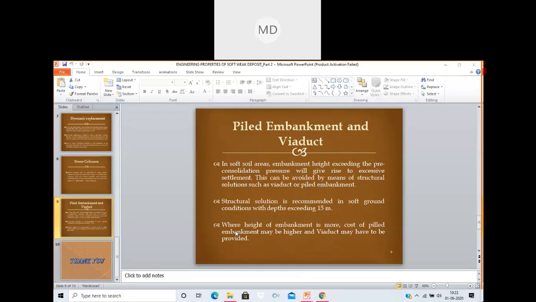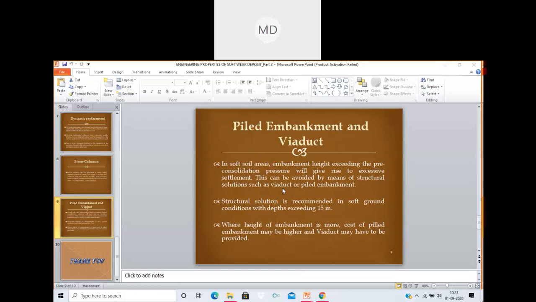Yes, ma'am. Okay, so we were discussing piled embankments and viaduct, and I was asking you about viaduct. Anybody, any idea about viaduct? You can share if you have heard the name or not. What is a viaduct?